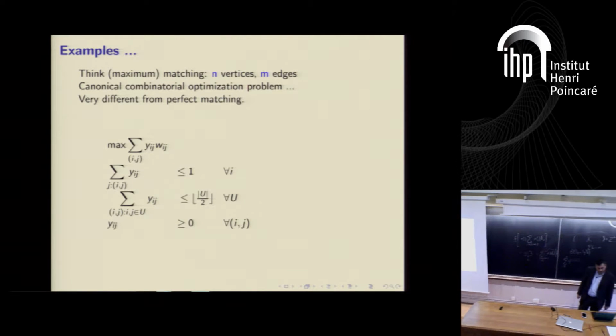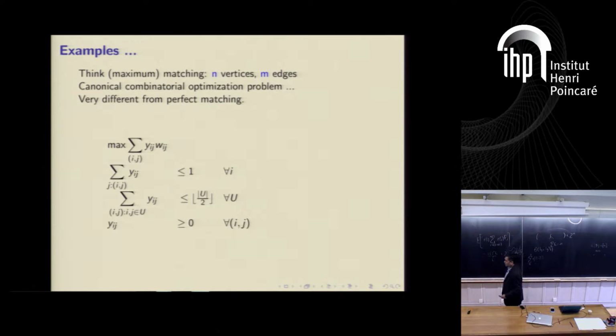What happens if I'm interested in the matching problem, the classic combinatorial example, is that along with these vertex constraints, you get these odd set constraints. All it is saying is that if you have any set U, look at the total number of edges in the subgraph induced by that set.